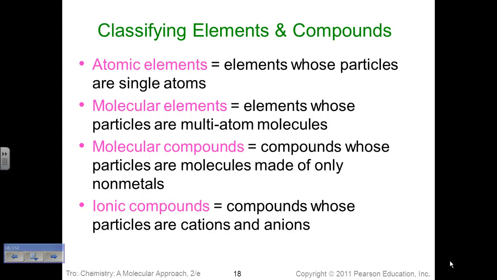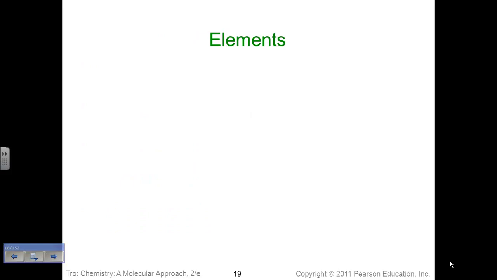Ionic compounds are compounds whose particles are cations and anions. Cations are positive metal ions who have lost electrons, and anions are negative ions from nonmetals who have gained electrons. Ionic compounds are held together by electrostatic attraction. Positive and negative charges, according to just the basic law of electricity, are held together by opposite charge attraction.